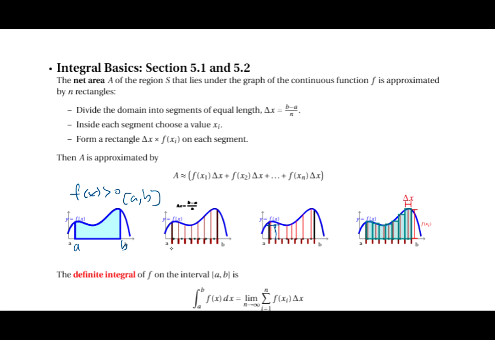So n many pieces, each of width b minus a over n. Then by picking a sample point within each interval and finding the value of f of x on that sample point, you can find the height of the rectangle, and then find the area of the rectangle by multiplying little delta x by f of that sample point, and another one for the next one and another one for the last one.